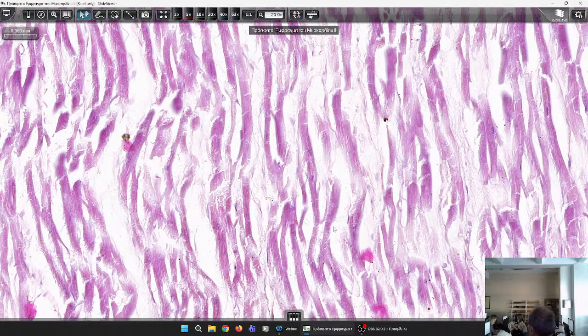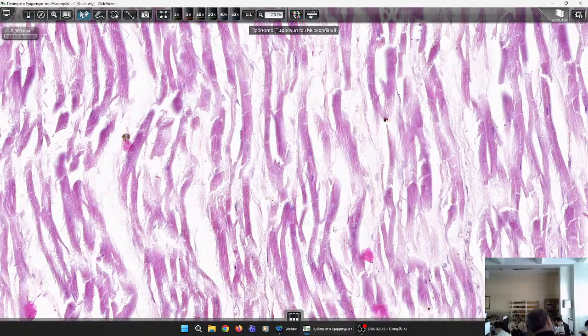Because there was an abrupt occlusion, so we have the coagulative necrosis. However, the inflammatory cells have not yet come, so it is about 5 hours, up to 6 hours after the onset of the infarct. It's very recent, it is hyperacute.